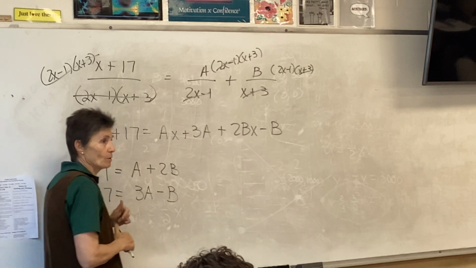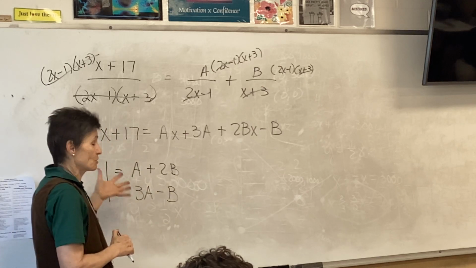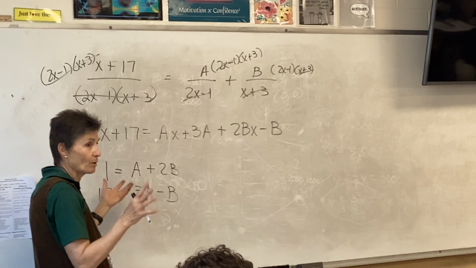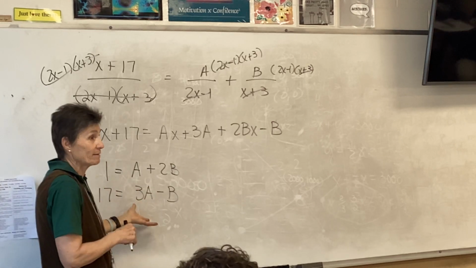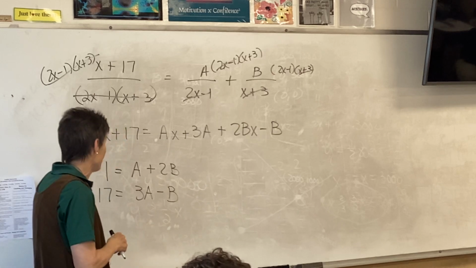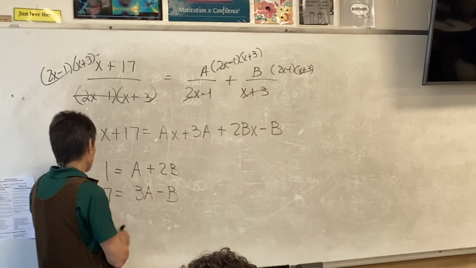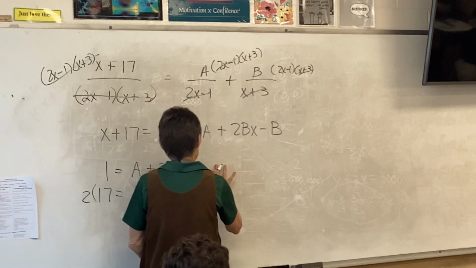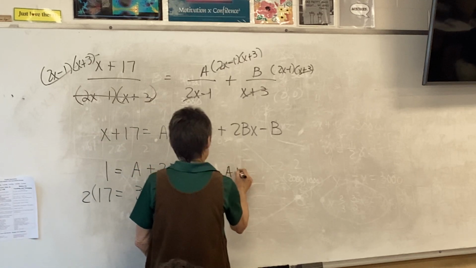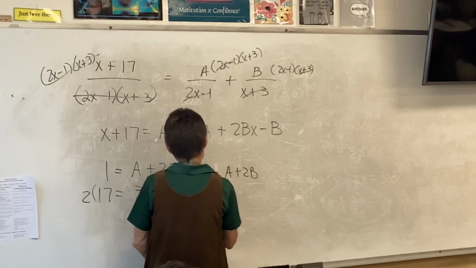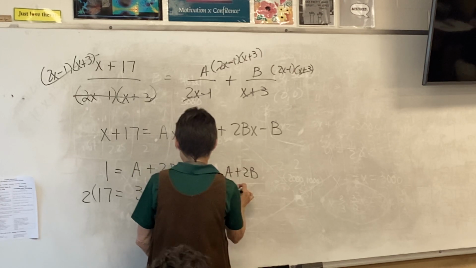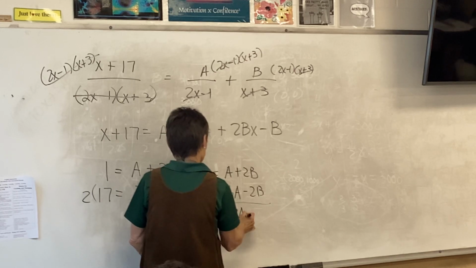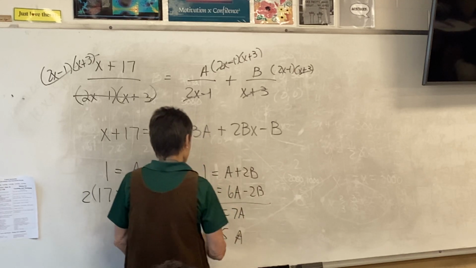And then you're on your own. Solve that somehow. This will probably be a no-calculator problem, so you'll substitute, eliminate, Cramer's rule, the inverse method, whatever. You could do what we did before if you wanted to. I'm going to multiply this by 2. So 1 equals A plus 2B, and 34 equals 6A minus 2B. It looks like my A is 5.